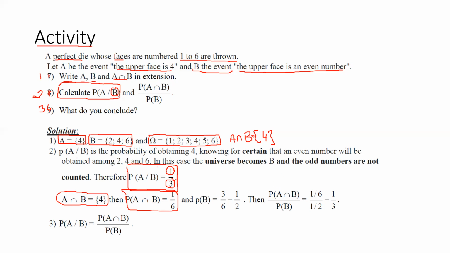Probability لل B, the B contains 3 elements. Probability لل B is 3 over 6 equals half. Then probability لل A intersection B over probability لل B is 1 over 6 over 1 over 2, we get 1 over 3.